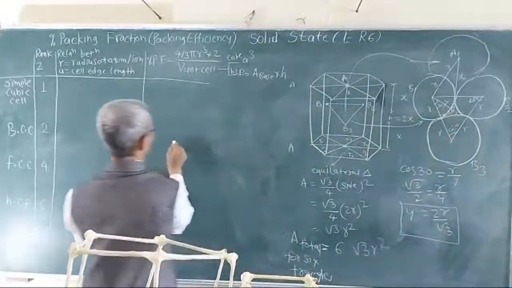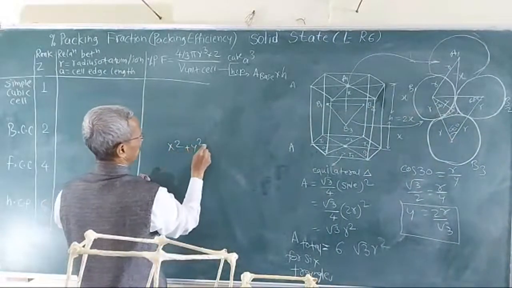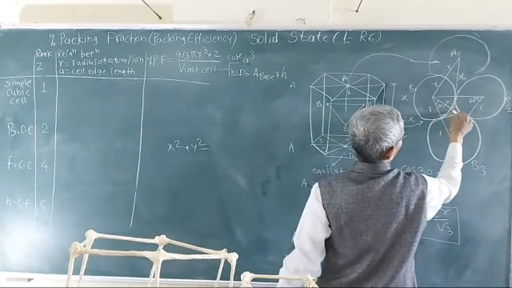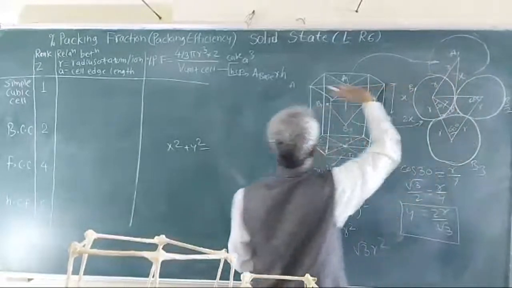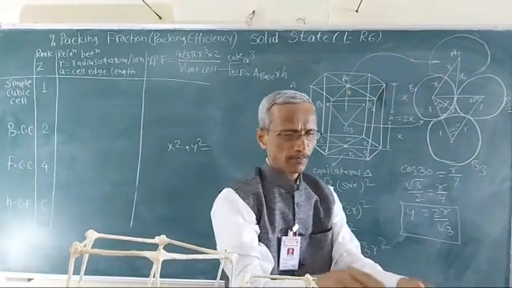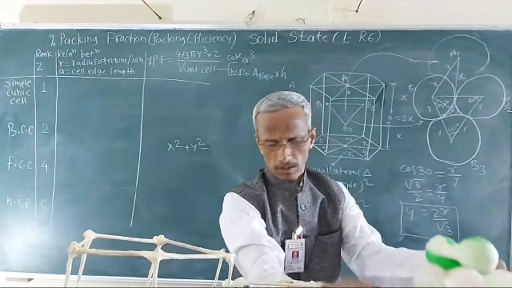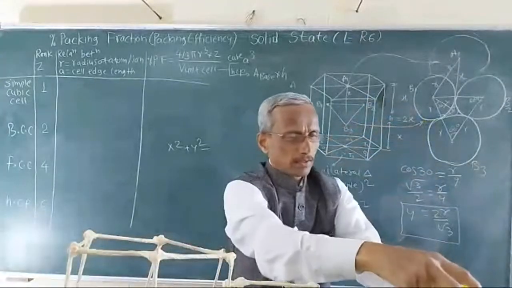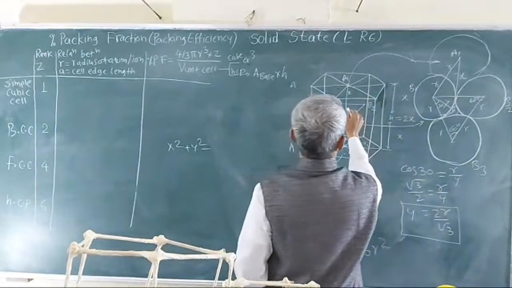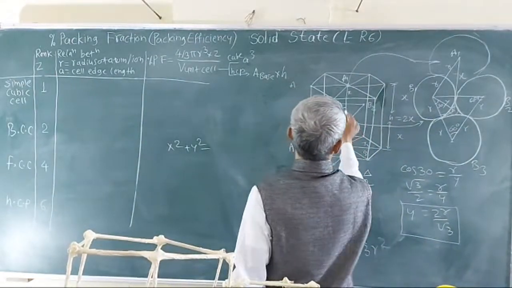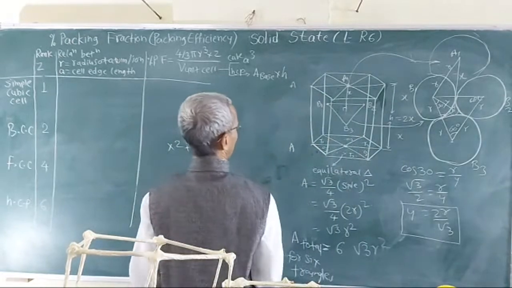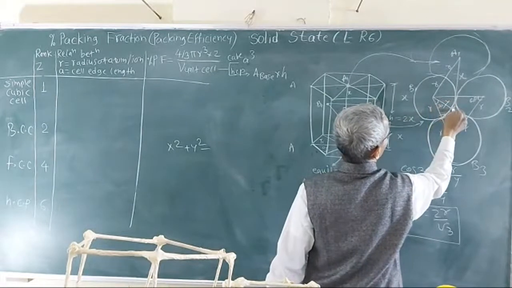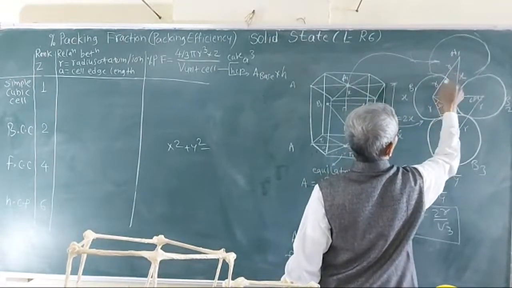Now as you know, x square plus y square is equal to, this is a right angle triangle. So x square plus y square is equal to twice r square, whole squared.